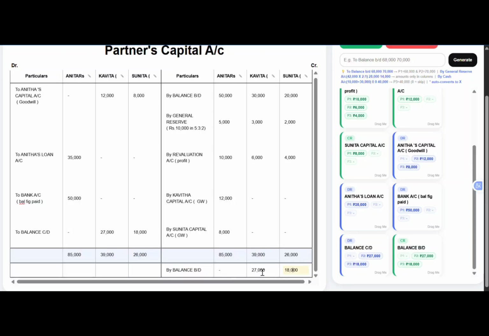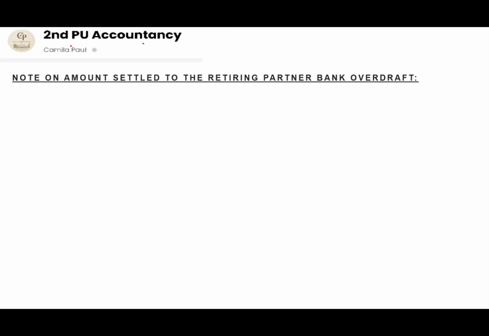So, this is the capital account. Now we are going to see a note on the amount that has to be settled to the retiring partner. Since there is an adjustment given to us on how the retiring partner has to be settled, she has to be settled partly by loan account and the other part through the bank account.